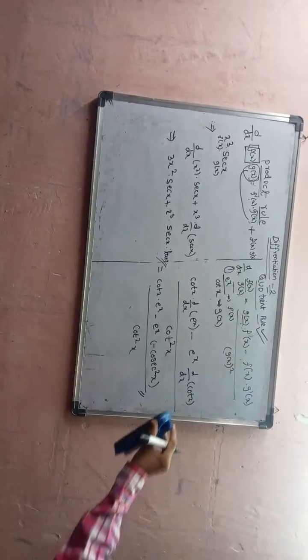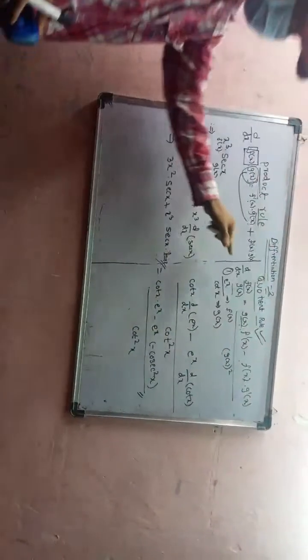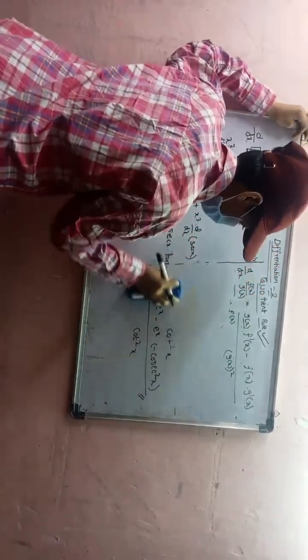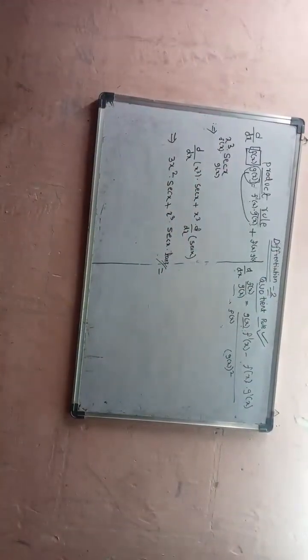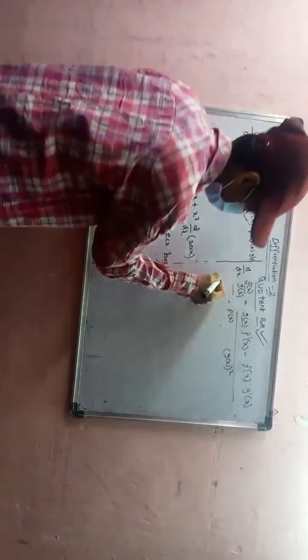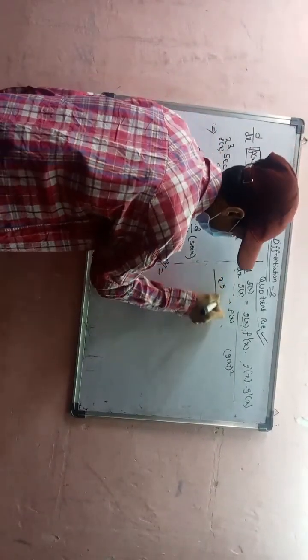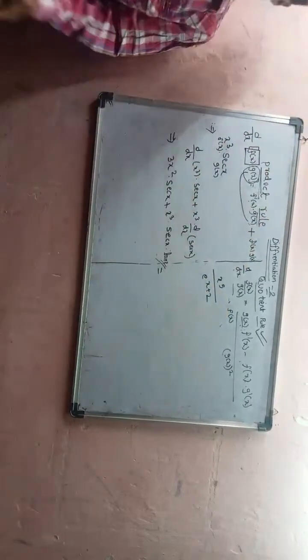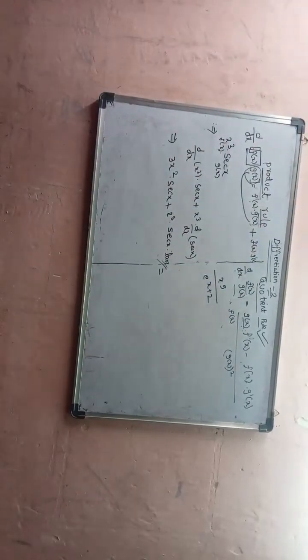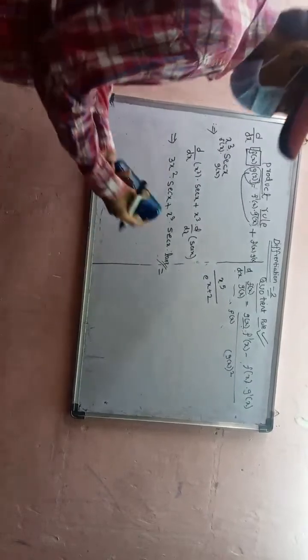Okay, now going to the next question. Now we will discuss one more, the last question. Listen carefully. This is x power 5 by e power x plus 2.